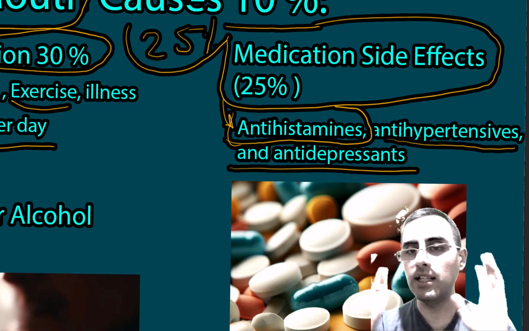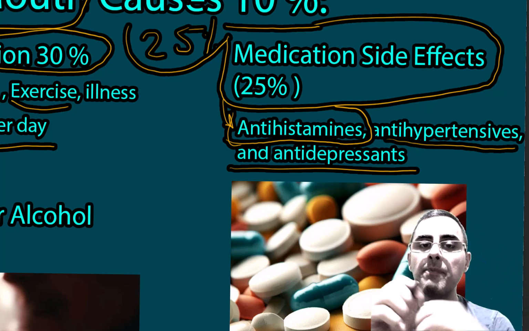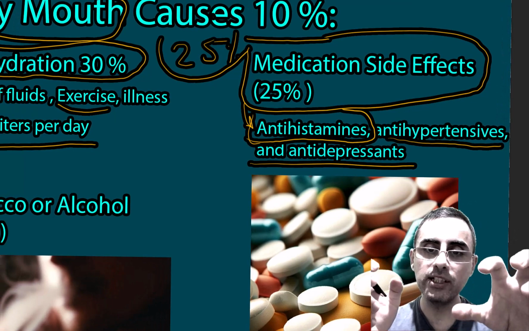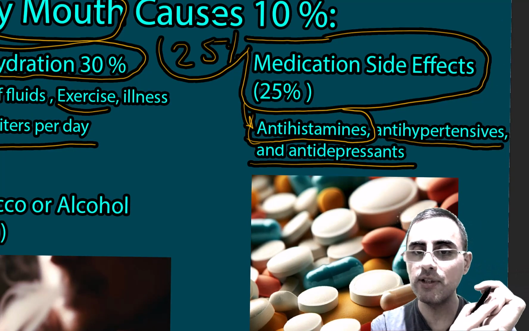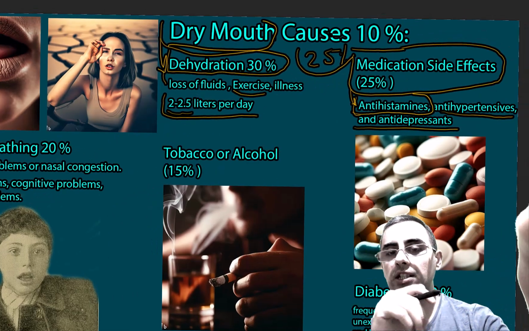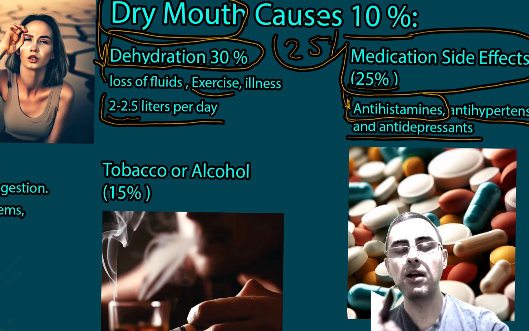Many other different medications can cause dry mouth as a side effect, but the most commonly used ones are antihistamines, antihypertensives, and antidepressants. And medication side effects are responsible for 25% of cases of dry mouth.